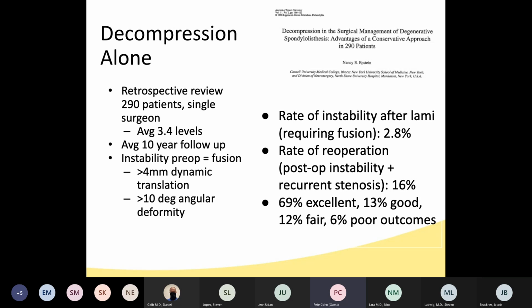But at any rate, she had a 2.8% rate of instability after her laminectomy, which later required a fusion, and her total rate of reoperation was around 16% for either instability or recurrent stenosis. But overall, decent results, and it did show that laminectomy is an option for these patients, and that not all spondylolisthesis on X-ray needs to be fused.